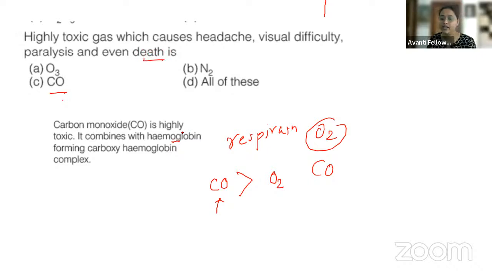Okay, right? Next, gas released during Bhopal tragedy was. So can anyone tell me? This is common knowledge. The options are methyl isocyanate, ethyl isocyanate, sodium isothiocyanate, and potassium isothiocyanate.